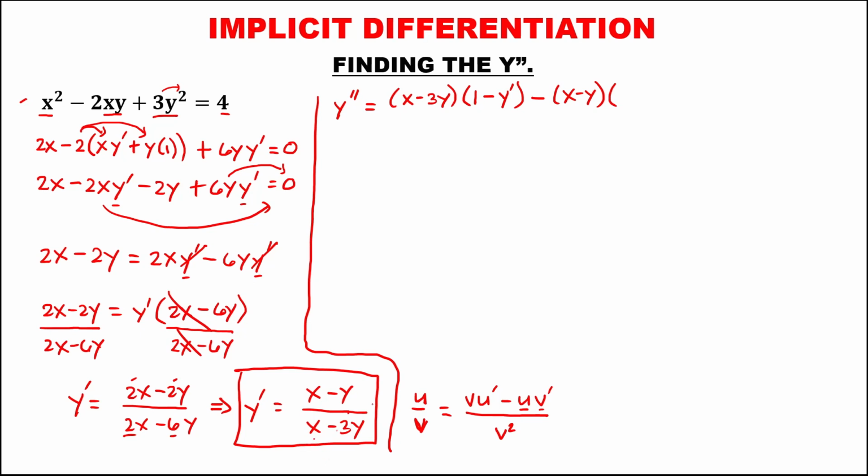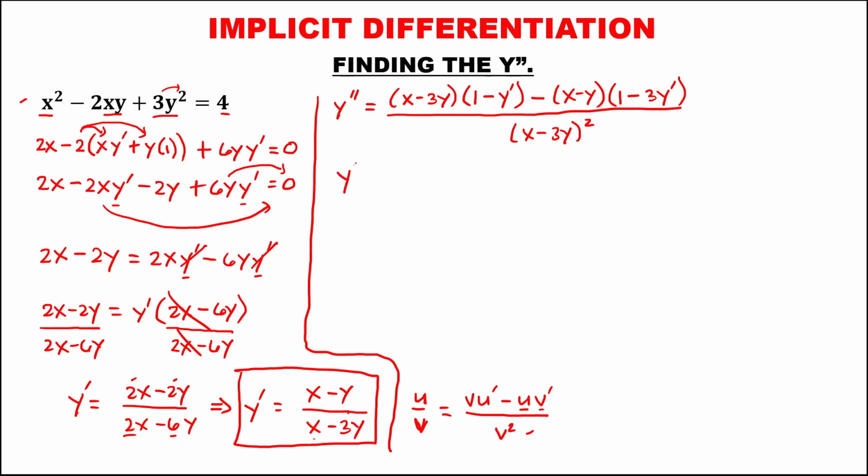The derivative of x is 1, then minus the derivative of 3y, so this is 3y prime, then all over v to the power 2, that's x minus 3y to the power 2.